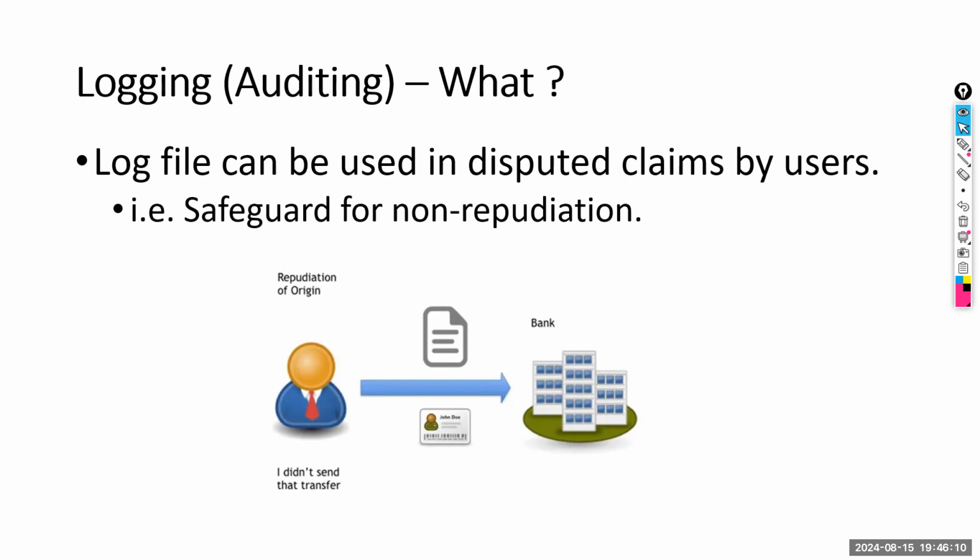They will say, no, you haven't even logged into the system on that day, at that time. So that is called auditing or logging. That is why we need log files. In real world applications, there's always a log file.